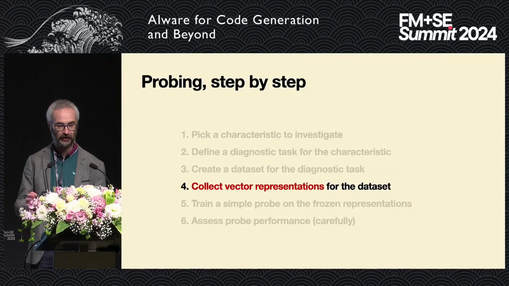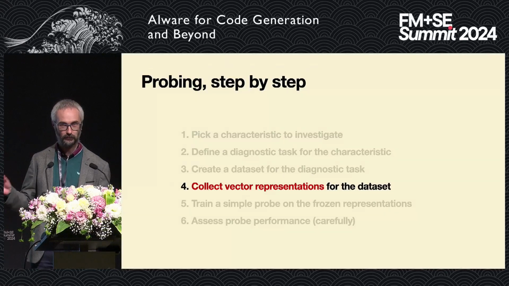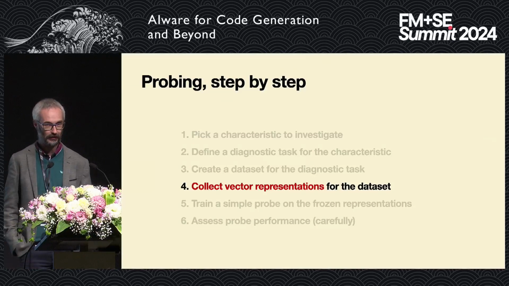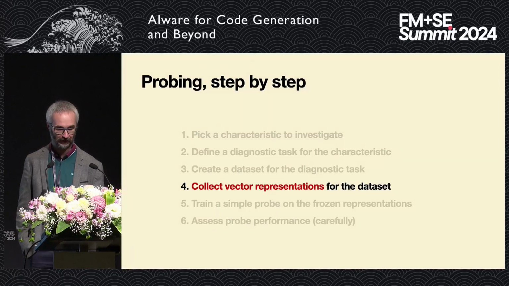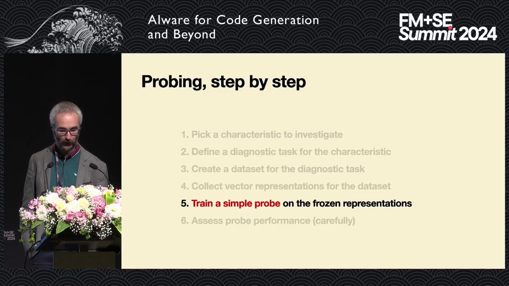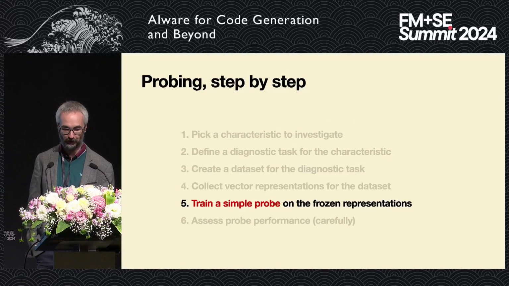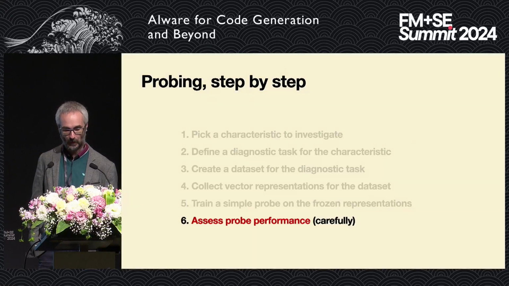Then we pass this dataset through the model we want to investigate to collect vector representations of how it encodes the dataset. Then we train this simple probe classifier on these frozen representations. And then we assess the performance of the probe.